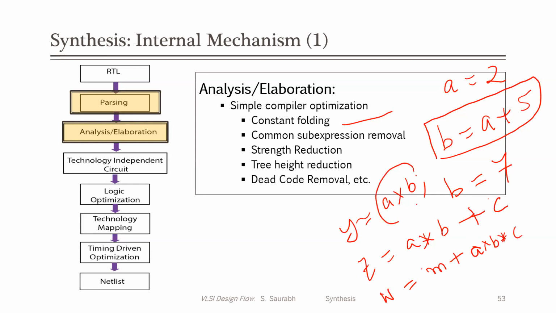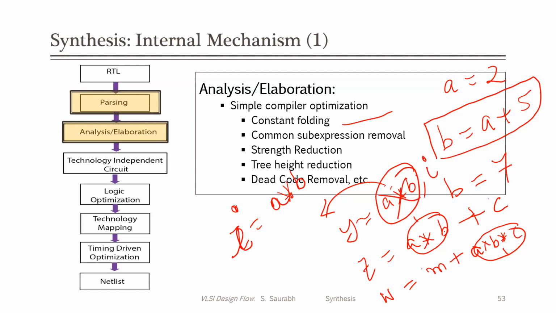Now you see that a star b is common everywhere. So instead of putting a multiplier at all the places, the tool will say that, okay, this expression is common, remove it, and instead add another one. Say you create one variable I is equal to a star b, and replace a star b everywhere with I, right?